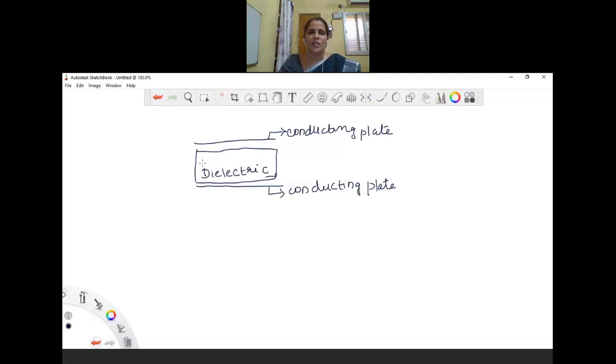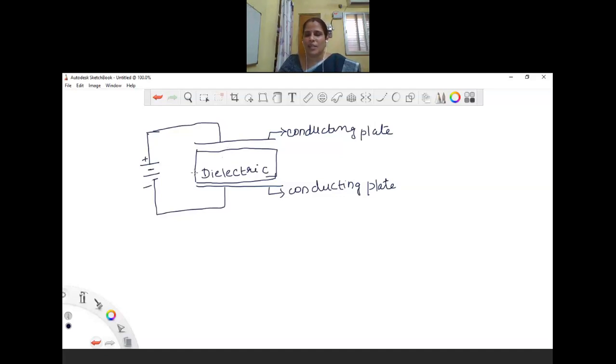Okay, so now here we are going to connect a battery. So this is the positive terminal of the battery, and this is the negative terminal of the battery.